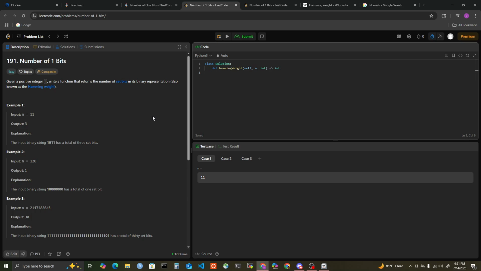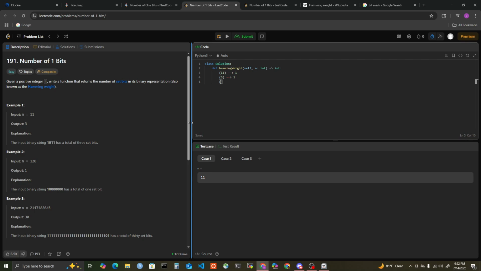I'm about to do a log n approach. Alright, let's see. Let me do my mental math. So 11 is odd, so that's gonna be 1. And then we're gonna do it with 5. 5 is odd, so that's gonna be 1.